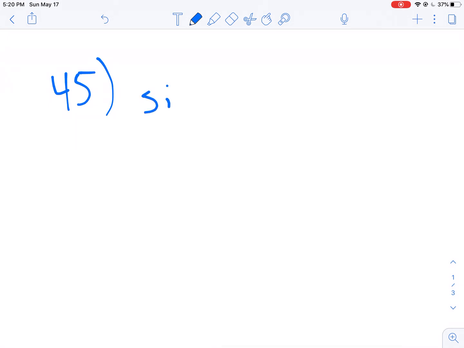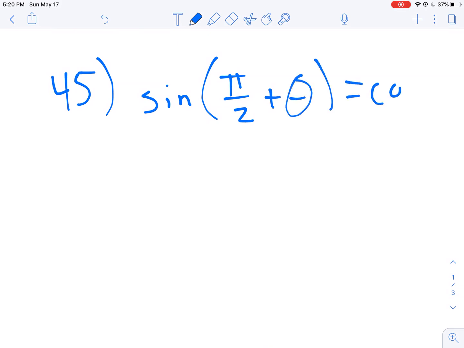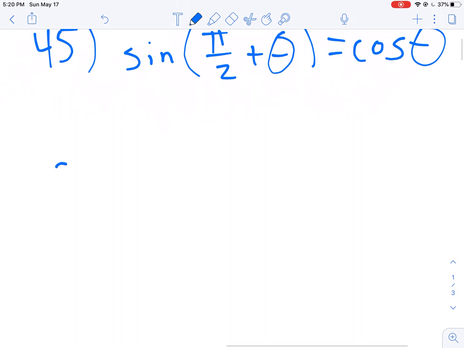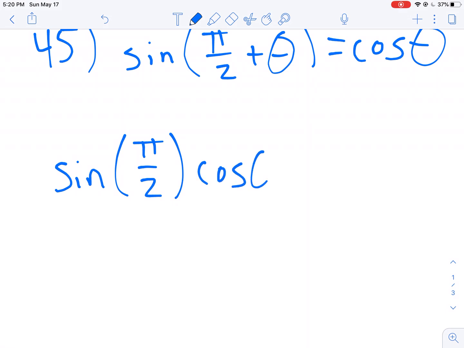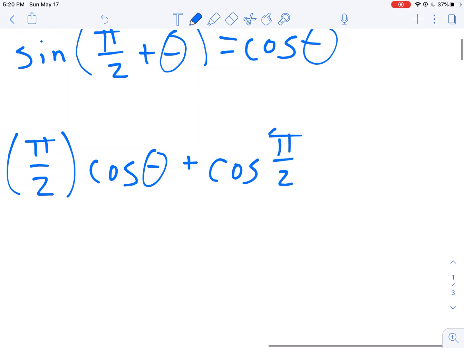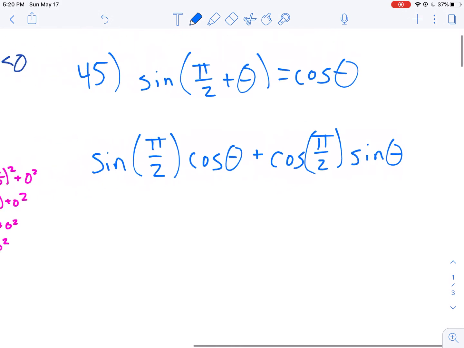I've got the sine of pi over 2 plus theta is equal to the cosine of theta. Well, that's because I've got the sine of pi over 2 times the cosine of theta plus the cosine of pi over 2 times the sine of theta.